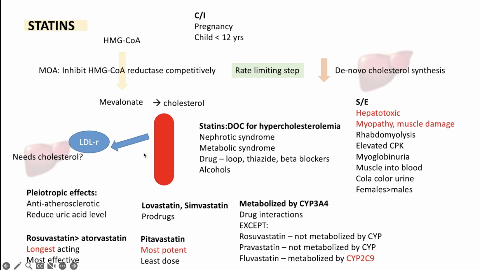The blood levels of the cholesterol will reduce because of the shift of cholesterol into the liver with the help of increased LDL receptors. So basically, there is a reduction in the de novo cholesterol synthesis in the liver, which further increases LDL receptor expression, which is going to help in removing the cholesterol from the blood.